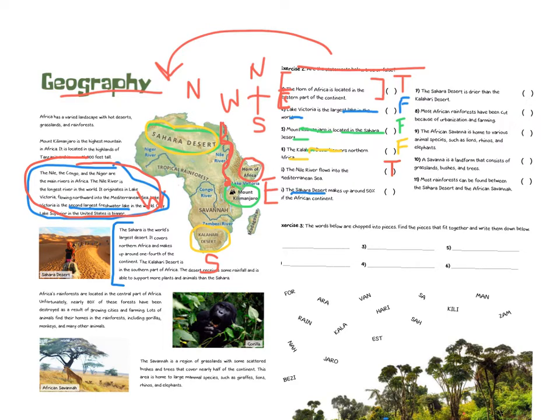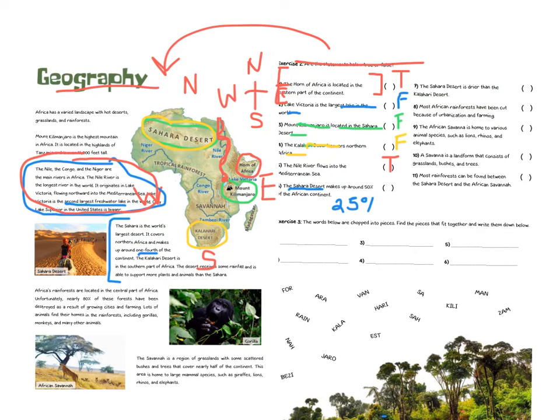It covers northern Africa and makes up around 1/4. Okay, so 1/4 is 25%. This is your math lesson of the day. 1/4 is 25%, so no, it does not make up 50%, so that's false.